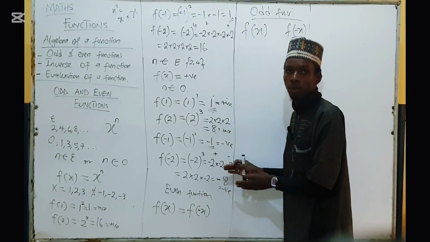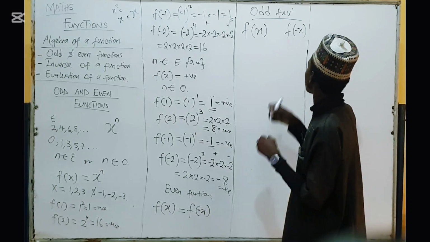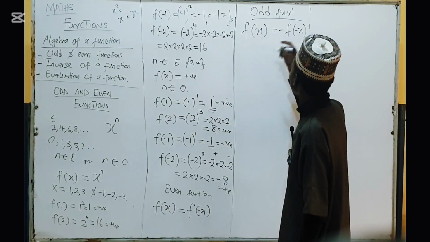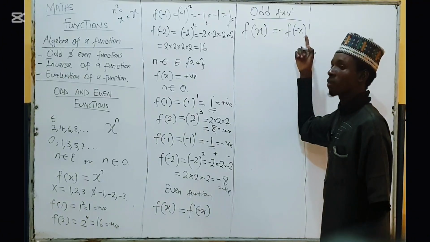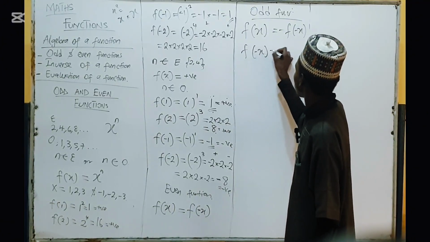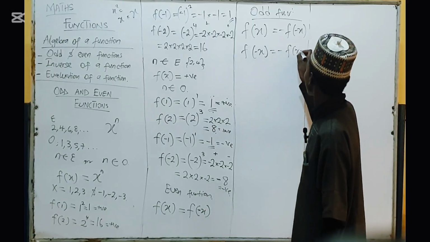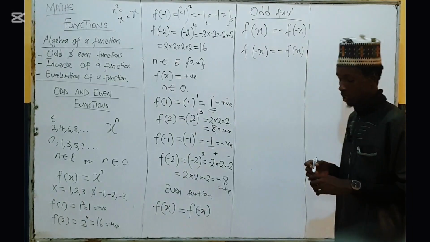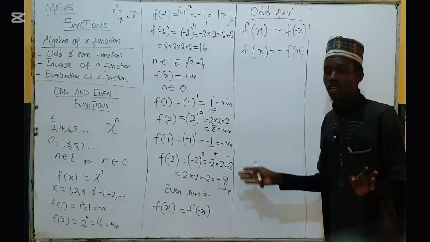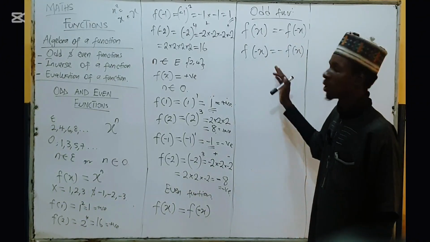The sign will be inverted. So in this, we can just say f of x equals minus f of minus x. Or we can say f of minus x is equal to minus f of x. Each one we use is correct, it is the same. Because once you take this minus on this side, it's still the same thing. So this is about odd functions.